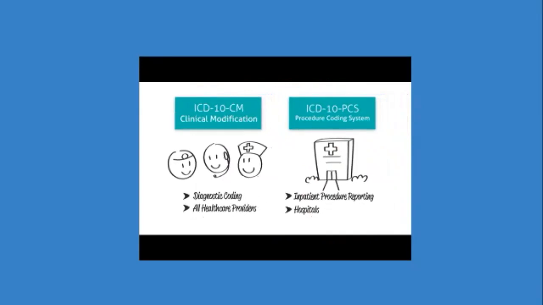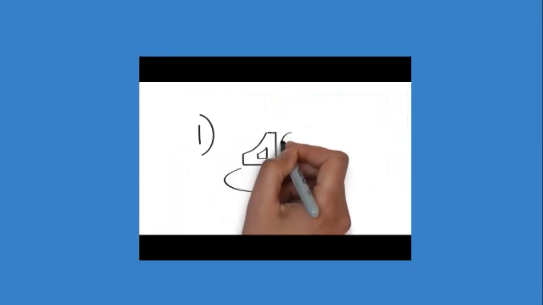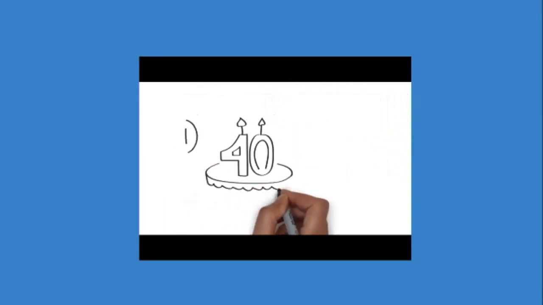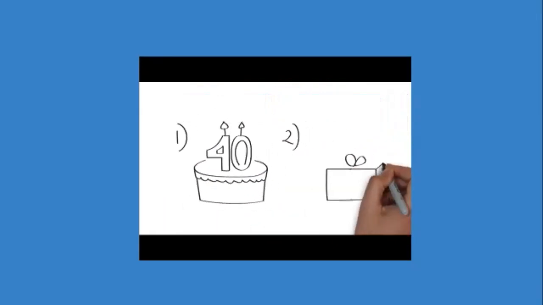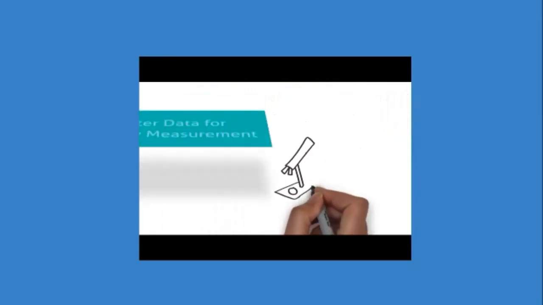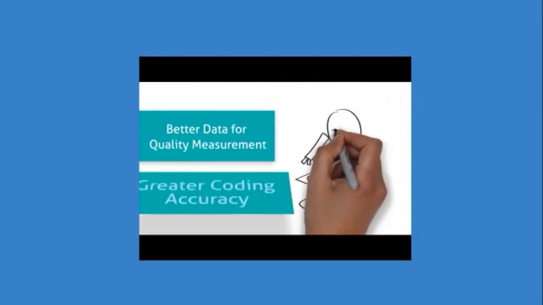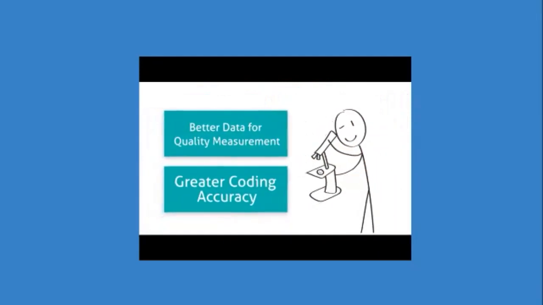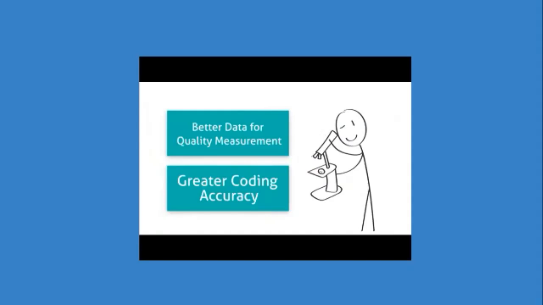Why do we have to move to ICD-10? Two reasons. One, ICD-9 is over 40 years old. And two, ICD-9 has run out of room. There are just no more numbers to use. With new discoveries and diseases, the new ICD-10 code set is needed to keep up with the fast-paced changes in medicine today and to add more detail to diagnosis codes.